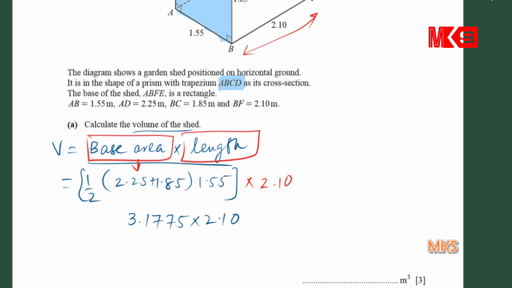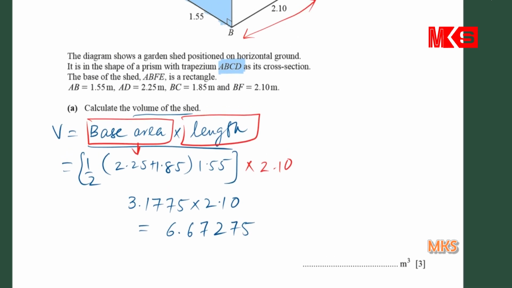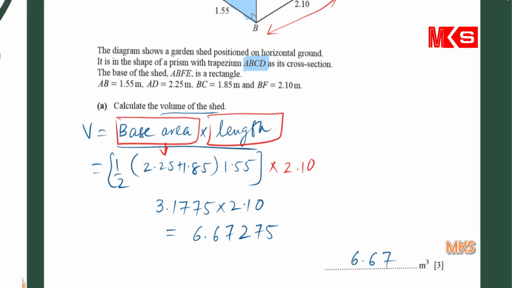Now multiplied by 2.1, that gives 6.67275. So you will give the answer correct to three significant figures at least. It should be correct to four significant figures throughout the working, means more than three significant figures. Final answer should be three significant figures.